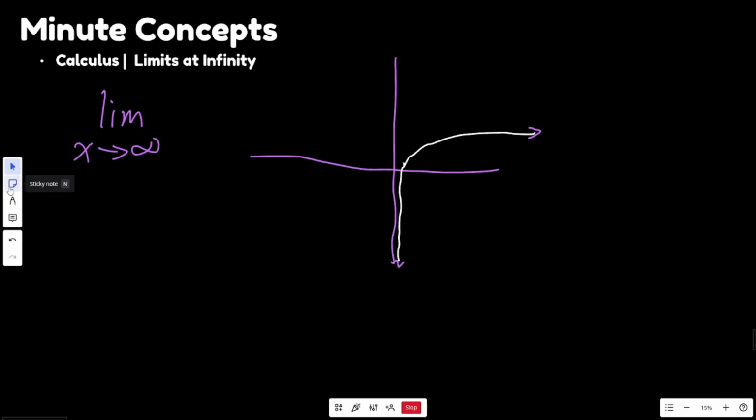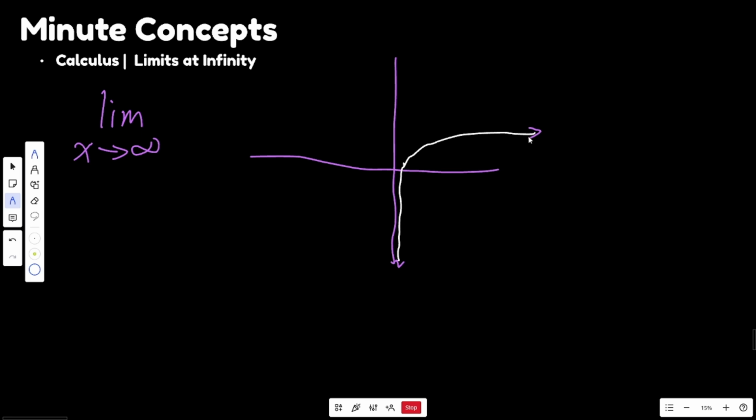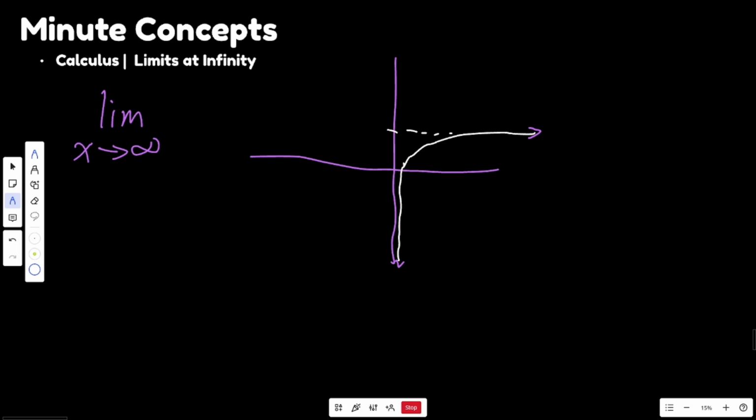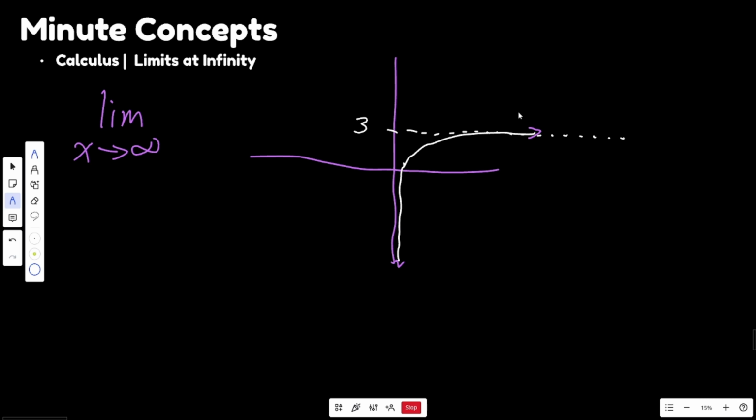Now, we want to see where it's going in terms of the y-axis as it goes to the right infinitely. Since there's essentially a horizontal asymptote right there, what we're getting is the y value of the horizontal asymptote. So let's say that this is going to be 3. Our limit is 3.